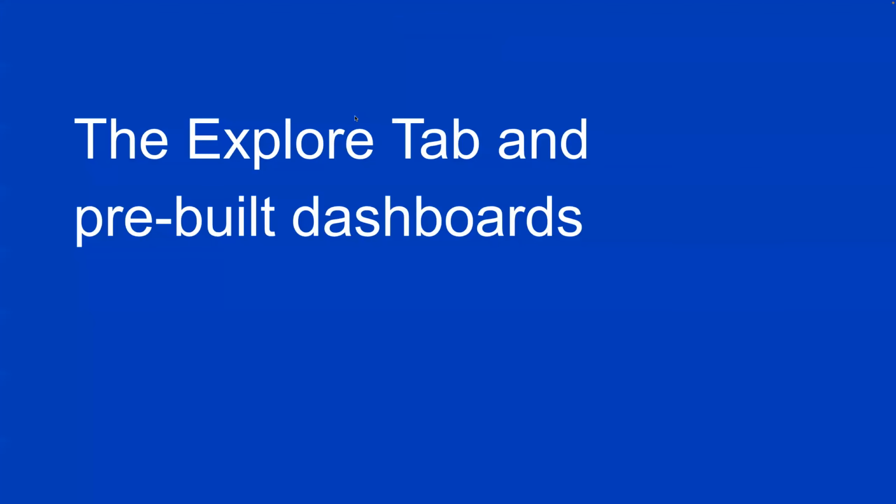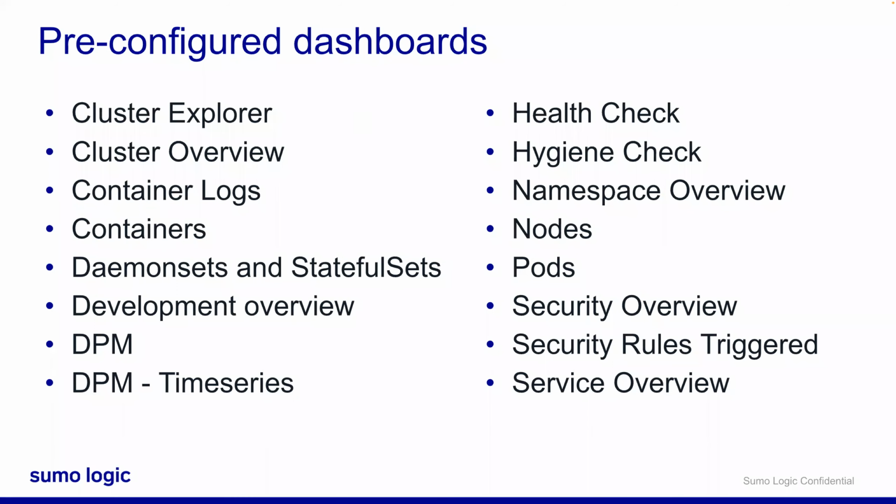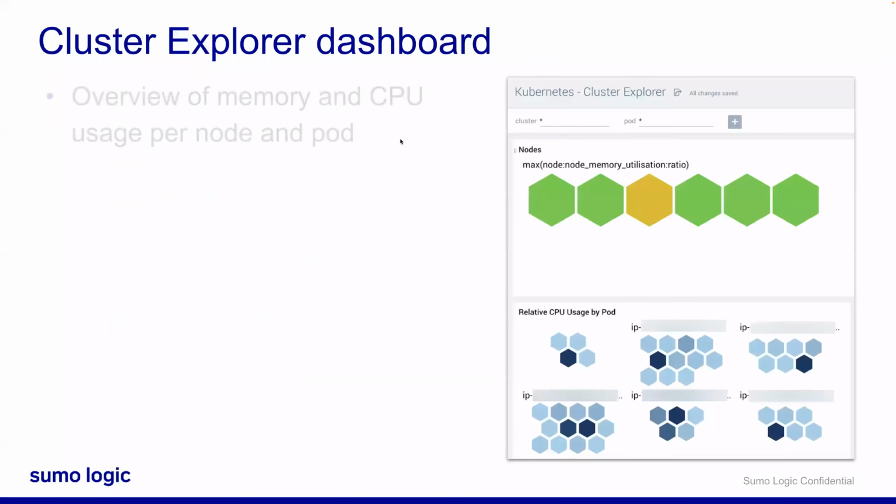Those pre-configured dashboards for Kubernetes, those all should be available to you. And I think there might even be another extra one or two now. But as you saw, I jumped in the cluster overview, the security overview. And so, feel free to poke around the other ones.